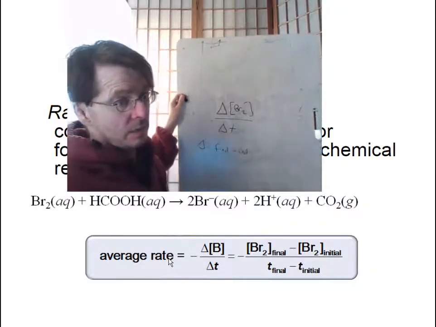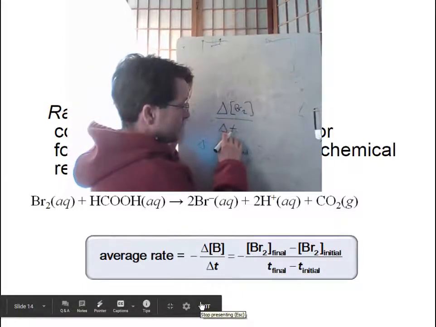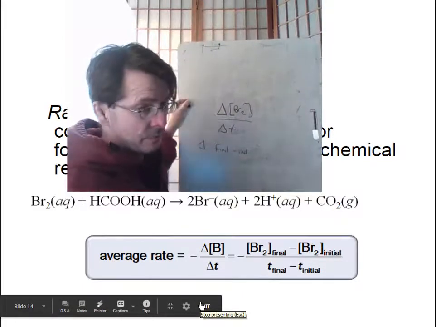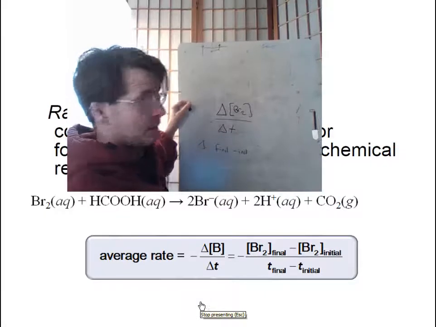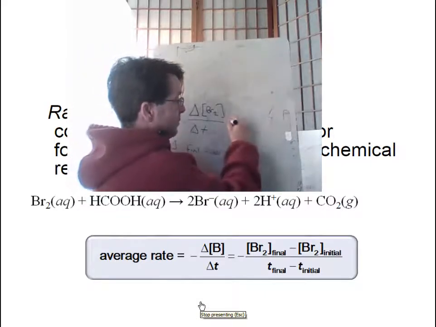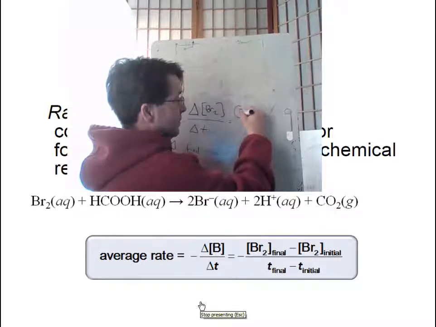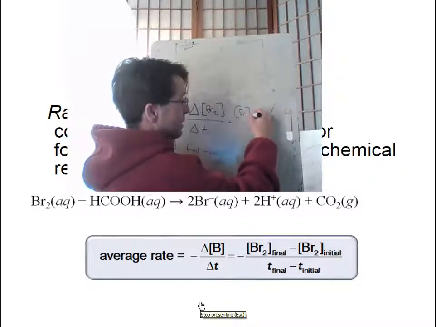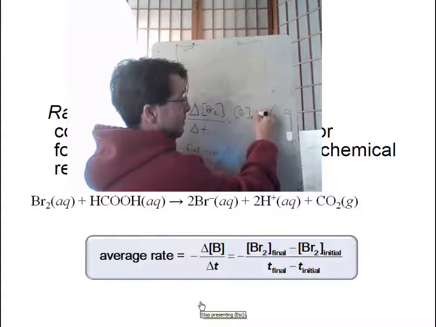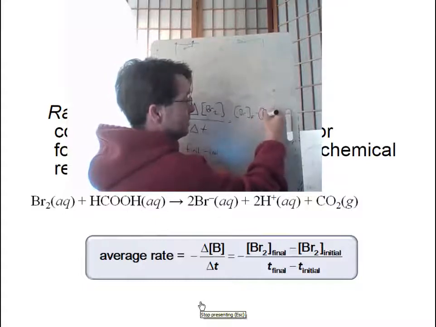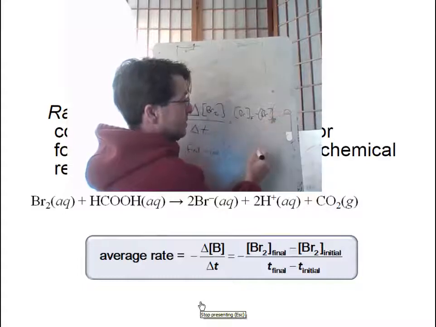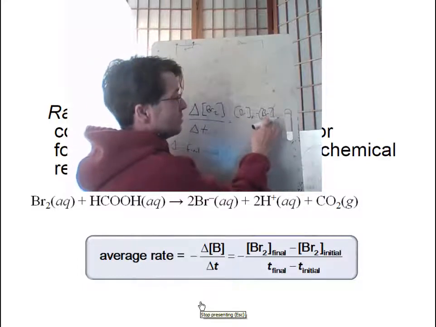And for the record, this is a small t, minuscule t, for time. All we need to do is find what the initial bromine is, bromine final minus bromine at some time 0, or whatever the initial time is. So you'll see a lot of subscripts here.